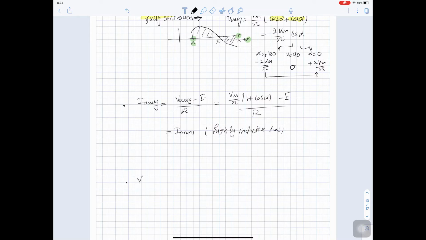Also, we can get V out RMS. So this is a waveform from alpha to pi.